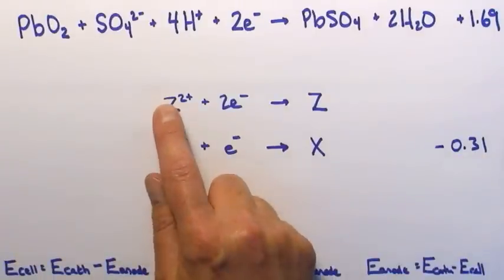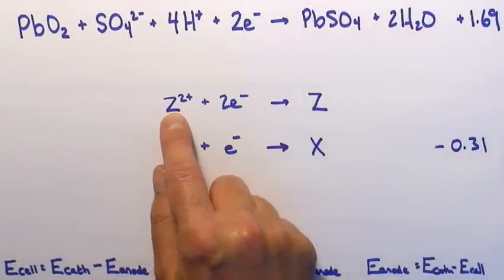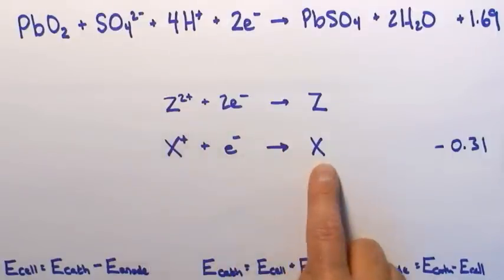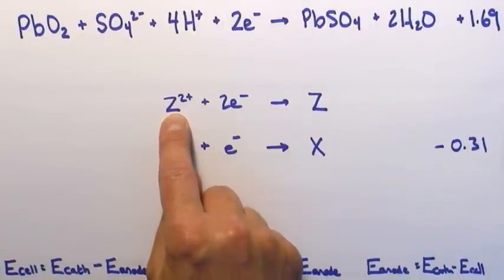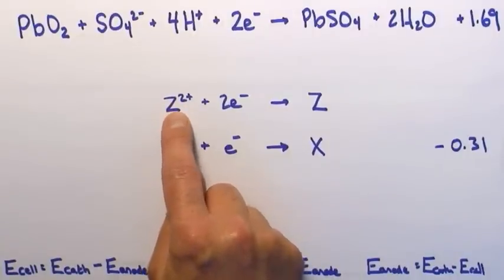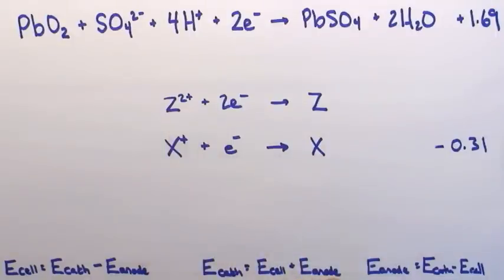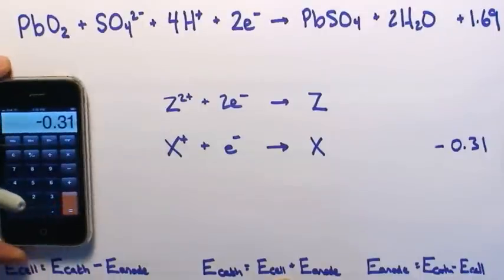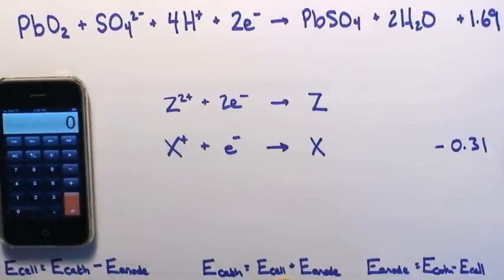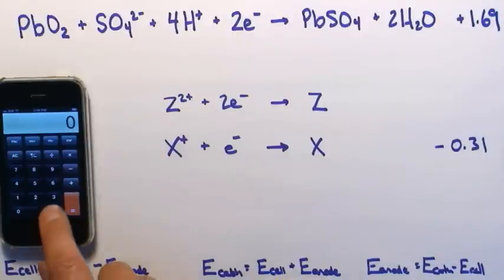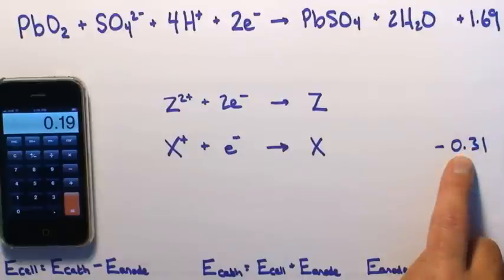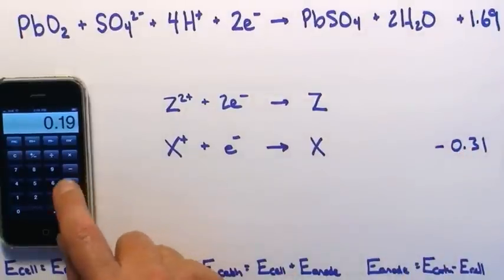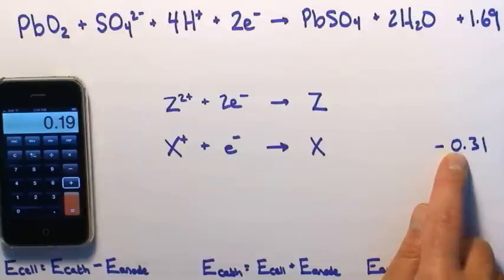Now in this case, the Z ion is acting as the cathode, the X metal is the anode. And so I need to calculate what the electrical potential of the cathode is. I'll use this little equation here. The E cathode is the E cell minus the E anode. The E cell is given to me in the question as 0.19, minus the E anode, which is this guy here, negative 0.31.